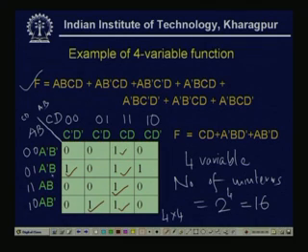So, A dash B is my second row and C D dash is the fourth column. So, all the minterms are included. Now, we try to find out the couple or the quad.